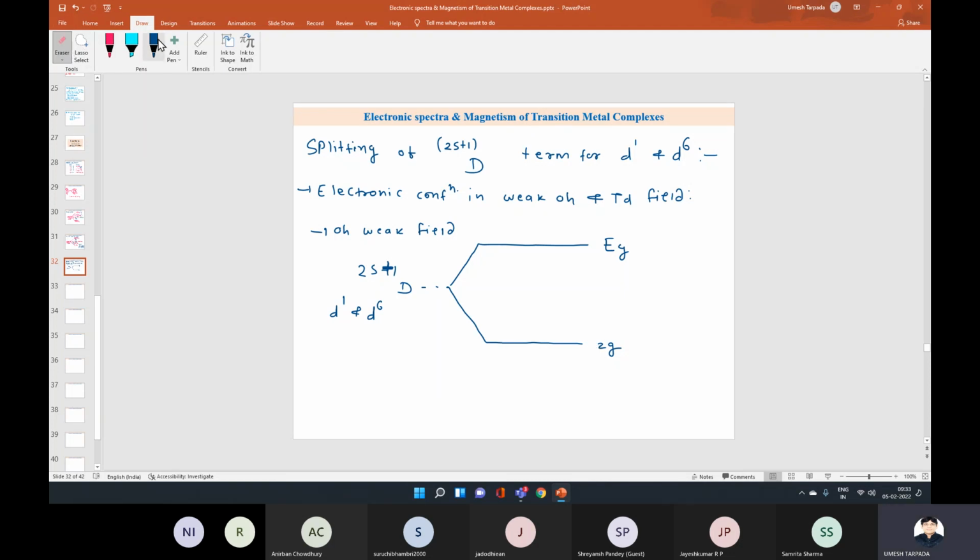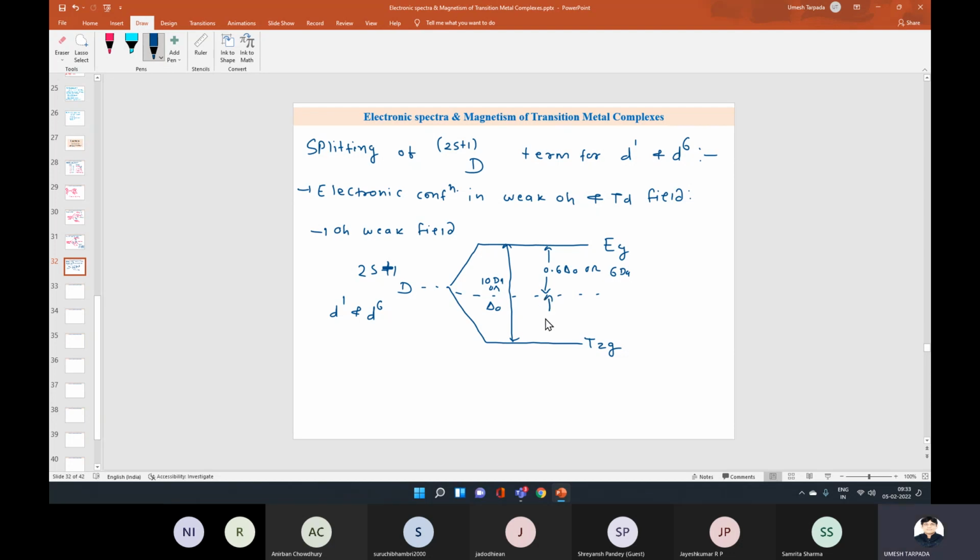So what happens? See, here you can have, this is we already know. So this difference is your 10 Dq, or you can say it's the octahedral splitting. So this difference is you can say 0.6 octahedral, or it is 6 Dq.